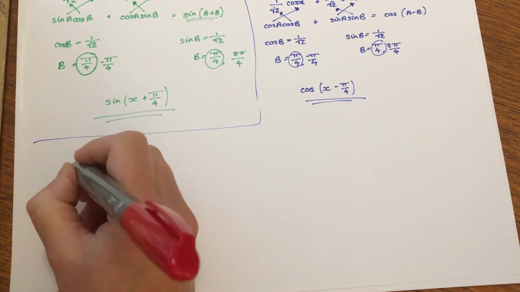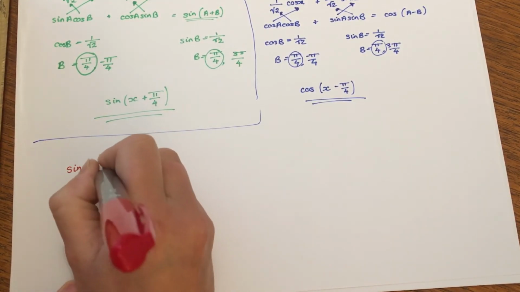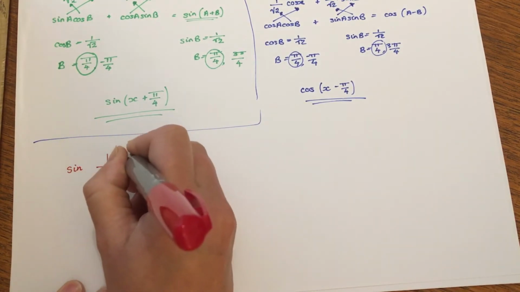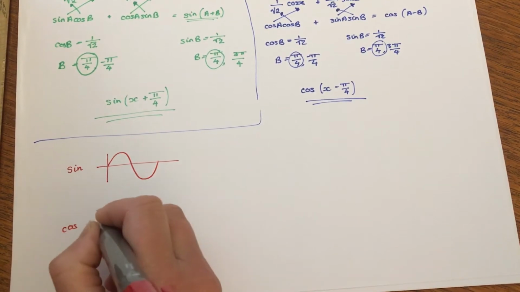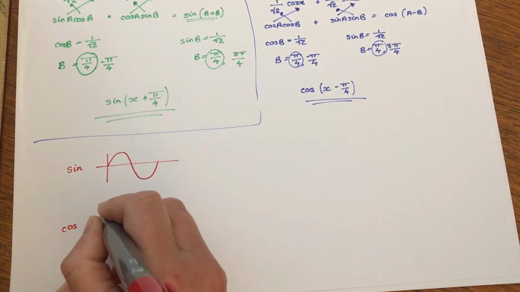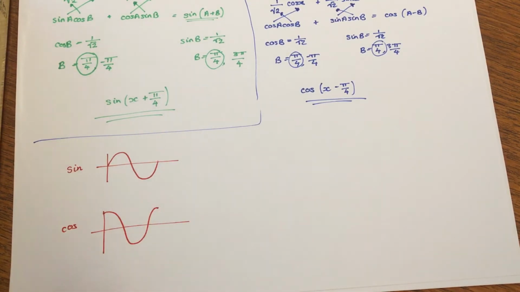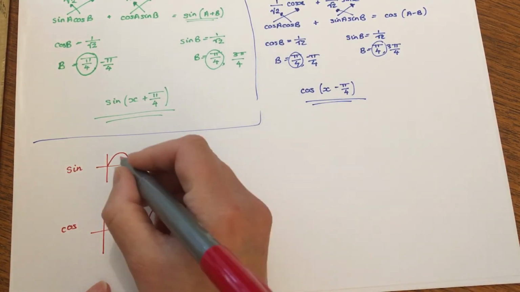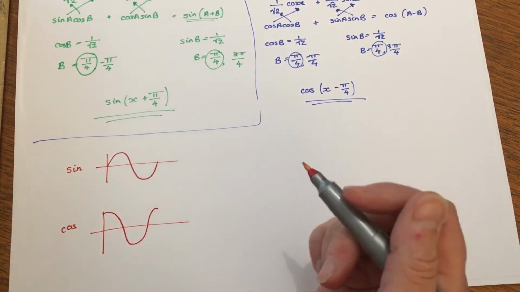So if I think about my sine graph, here it is. If I think about my cos graph, I'm always rubbish at drawing. Here it is. And so I'm going to be in radians here. So if I look at particular things which will have the same value, my answer is going to become clear to me.